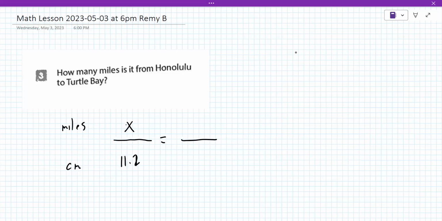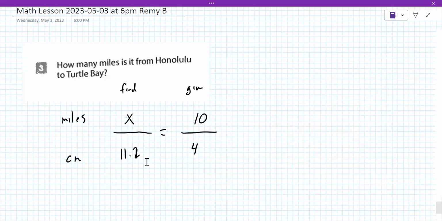And then we use the reference. So this is the one we're trying to find, and then the one we're given is that 4 centimeters is 10 miles. And this is where I recommend cross multiplying like we did last time.